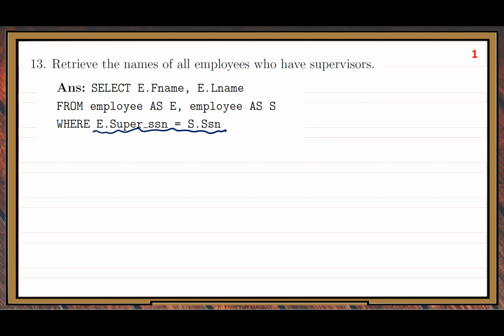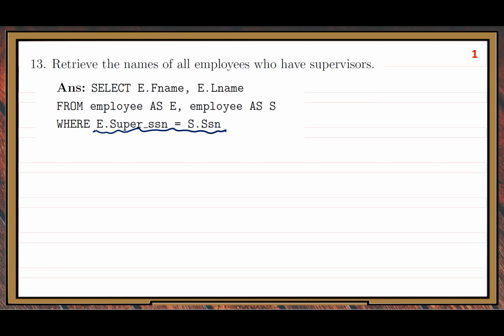So this is one way, but you can use another way. We check the null value, not null. In that case, you don't need to join two tables. Here we join two tables.